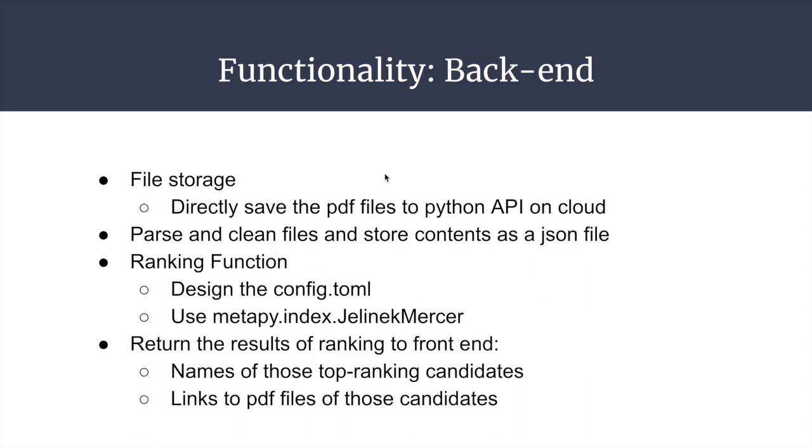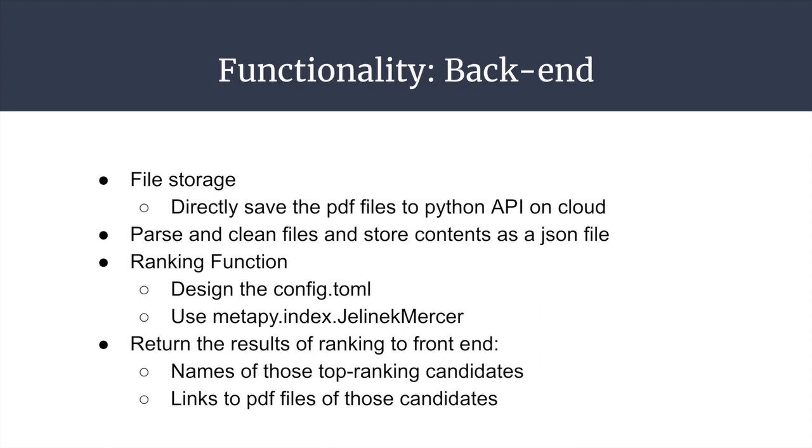For the backend, there are 4 major components. The first one is file storage. We directly save the PDF files to the Python API on cloud. The second one is we parse and clean the files and then store the contents as a JSON file. Then we implemented a ranking function.